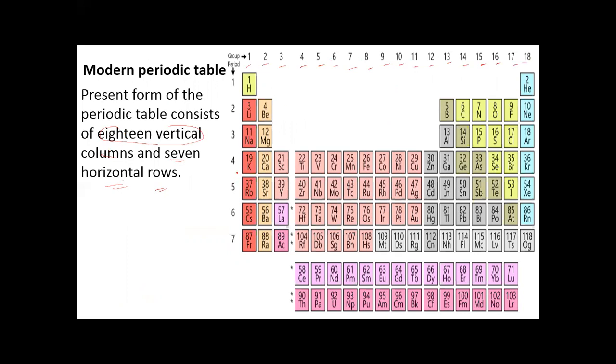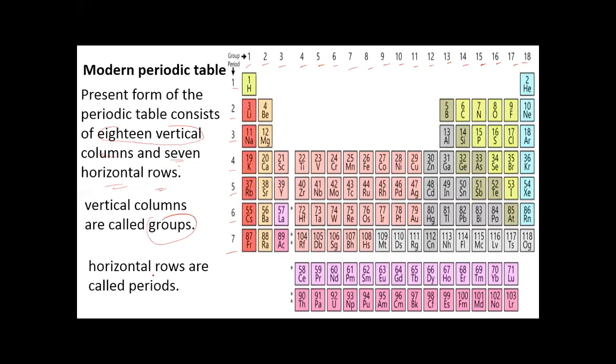These are the 18 vertical columns, known as groups, whereas there are 7 horizontal rows: first, second, third, fourth, fifth, sixth, and seventh. The vertical columns are called groups, whereas horizontal rows are called periods.